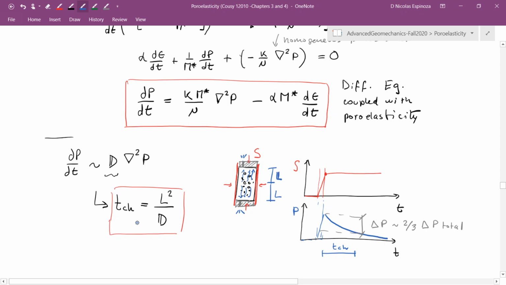And basically what this equation is telling us is that this characteristic time is going to be proportional to the square of the drainage length. So the longer the sample, the more time you need for the pore pressure to dissipate, and it's going to be inversely proportional to the diffusivity parameter. The diffusivity parameter is what we had before, and we can approximate this diffusivity parameter just to the first component here.